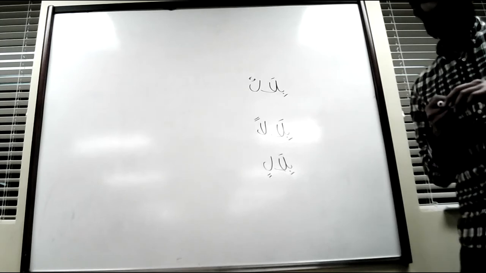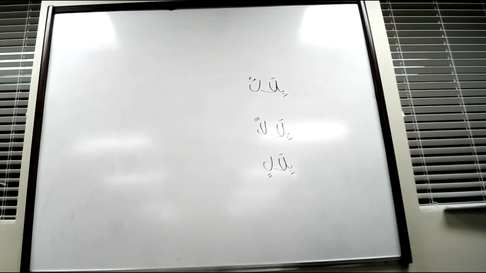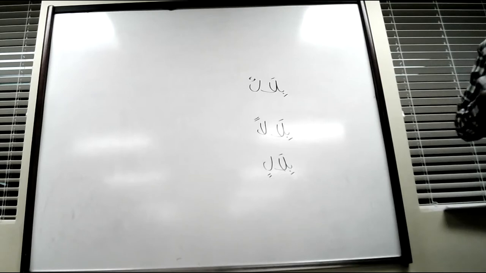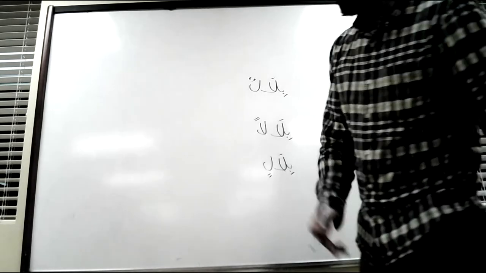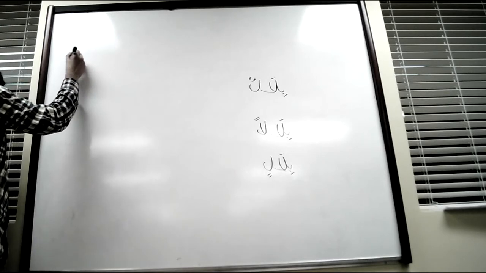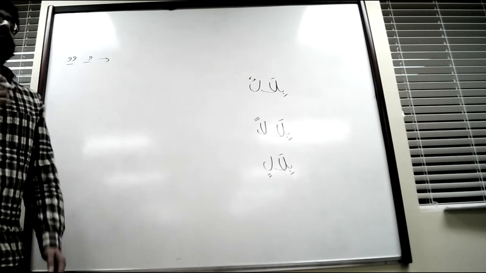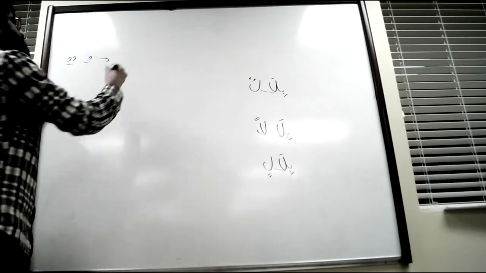All right, let's start 23. So, we don't have anything. All right, basically we're gonna do a review. We always said that whenever you have dhammas on a noun, what case do you call it?